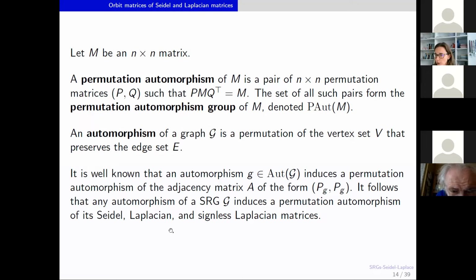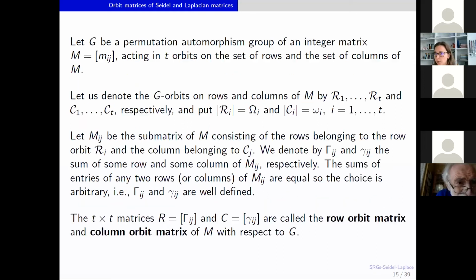This was one of the very important facts that we needed in order to define an orbit matrix of an integer matrix. Okay, so how can you do that?